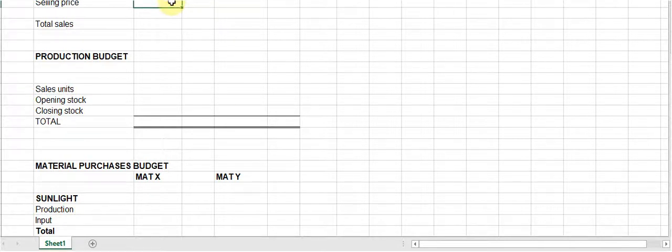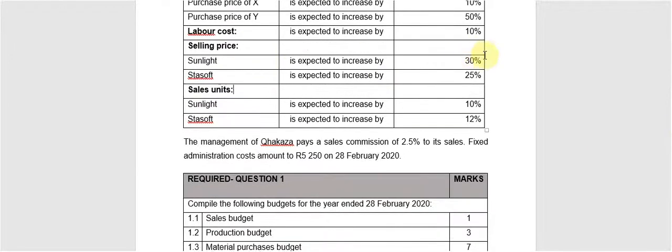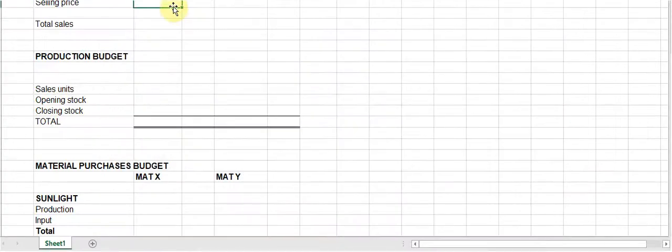Then the selling price, I am supposing, is also changing. If we look at the percentages, they tell us the selling price is increasing by 30% and 25% respectively. So we need to go and apply that. The selling price was 11 Rand 50, and it is increasing by a total of 30%, so that's 1.3.